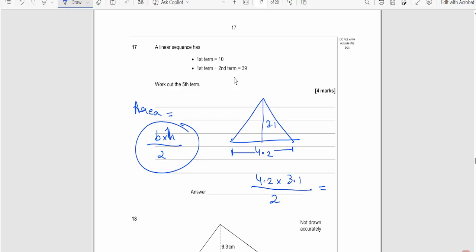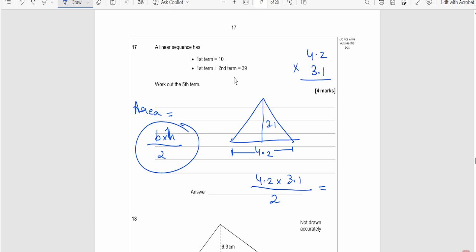I got 1,302. 4.2 times 3.1. Did you get 4,000 or 1,000? What did you say? Can you repeat? I said 1,302.